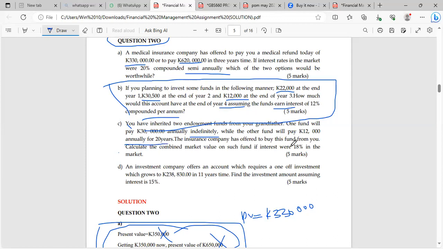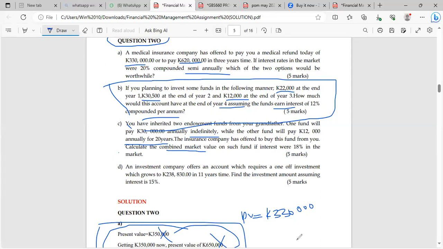The insurance company has offered to buy, so you need to add these ones. It simply asks for the combined market value, so we want to find the total value.